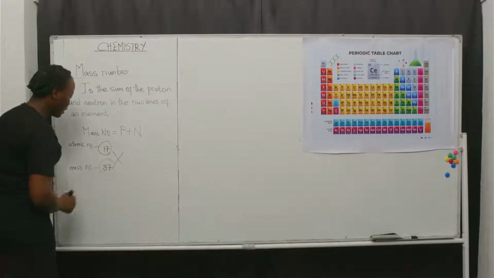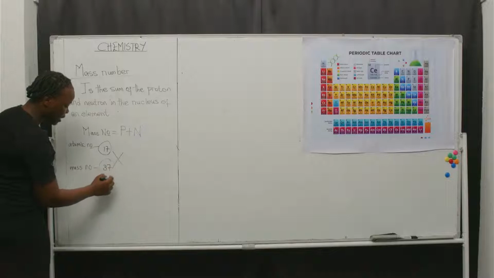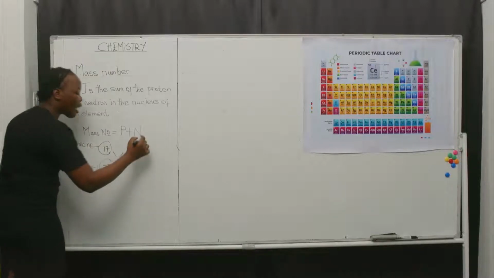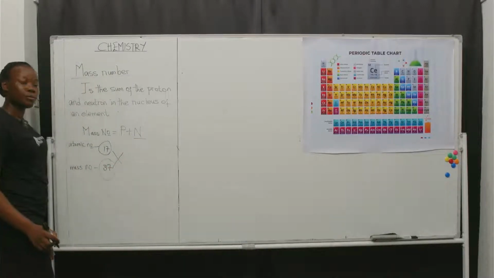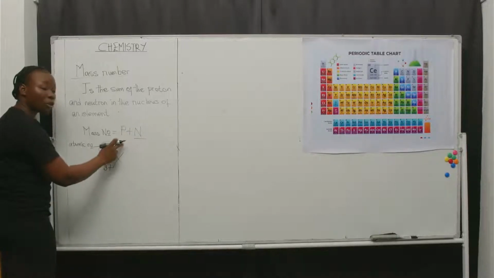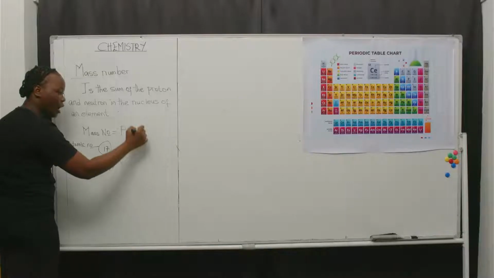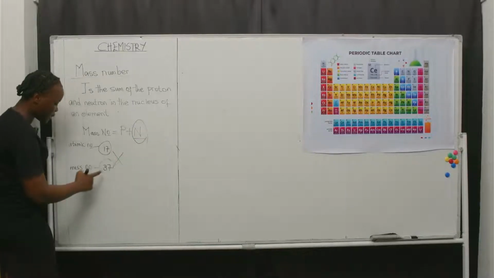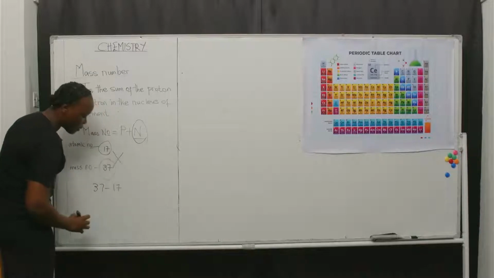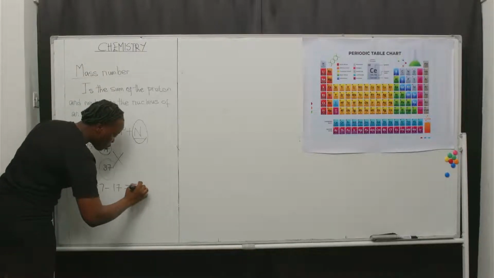And so we are told that the mass number is 37. Atomic number is 17. Calculate the neutron. Since I know that mass number is the sum of the proton plus the neutron, I can calculate my neutron. It will just be 37 minus 17, and this will give 20.